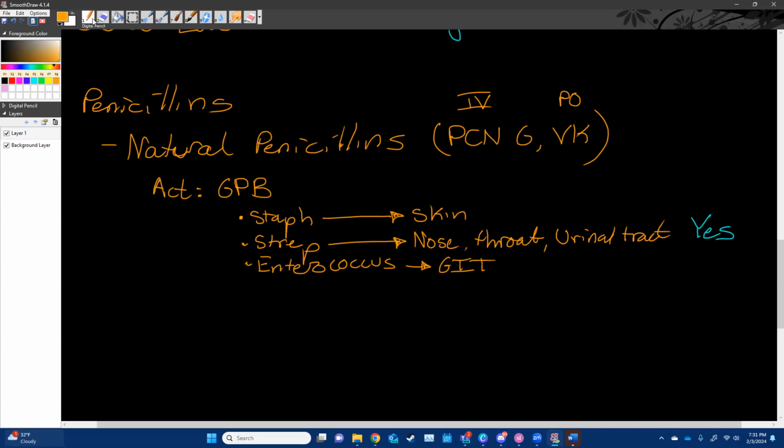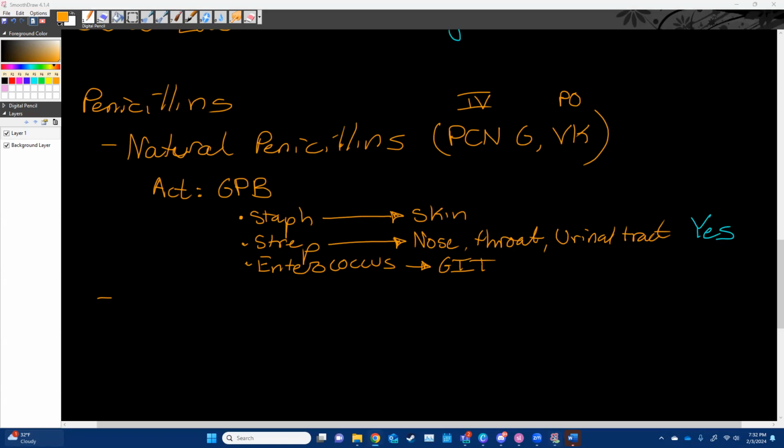Now, when we talk about natural penicillins, as I said earlier, one of the big issues with them is that we have lots and lots and lots of resistance to these different antibiotics.